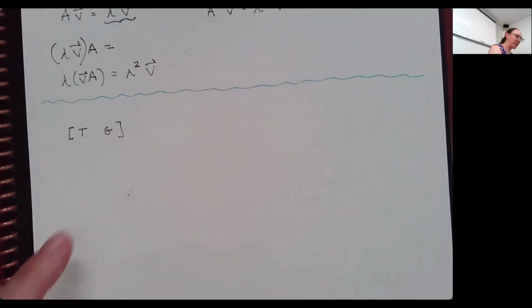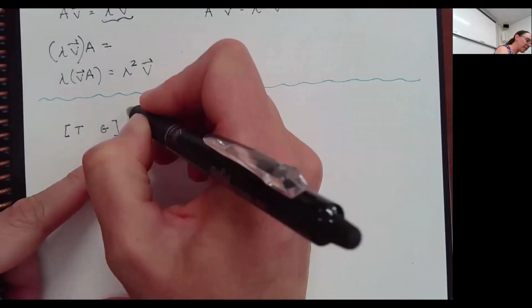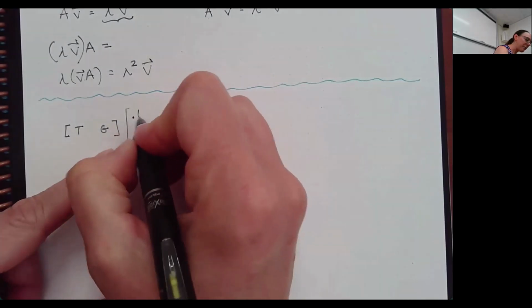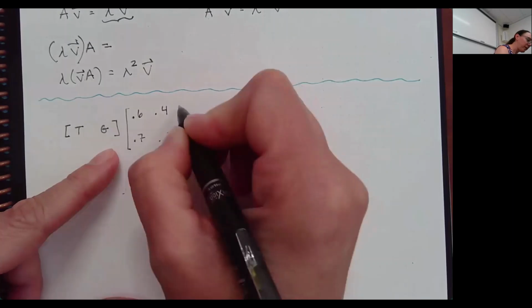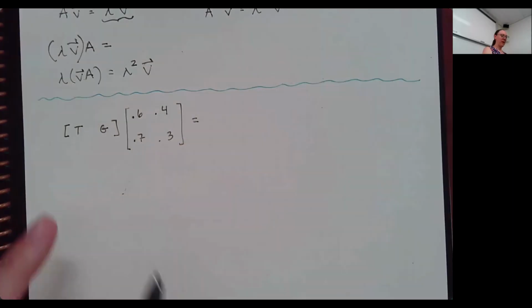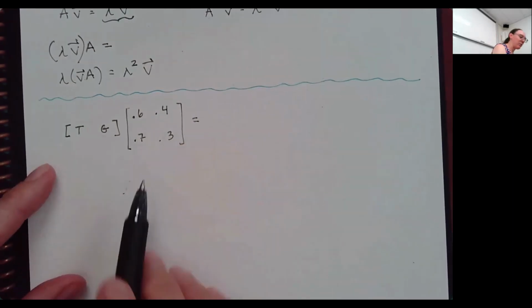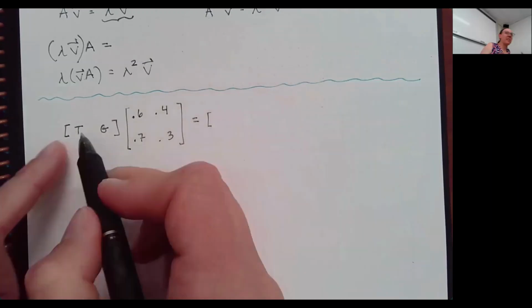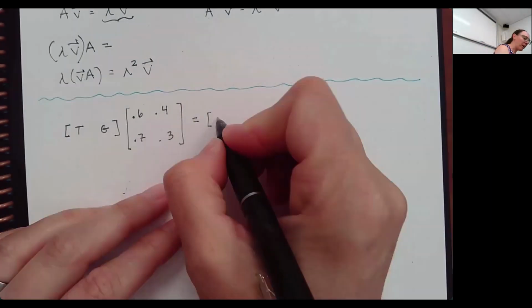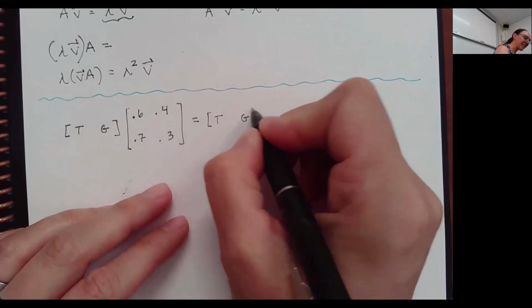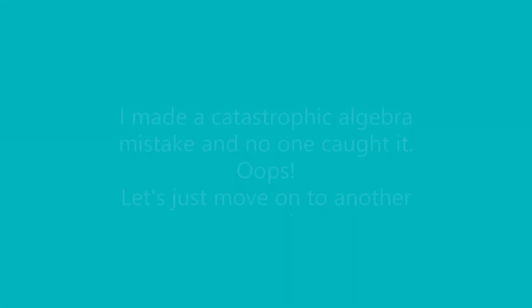If I'm at a steady state, then I've hit that magic distribution where what comes out is the same as what went in.